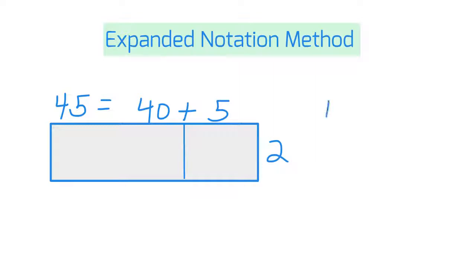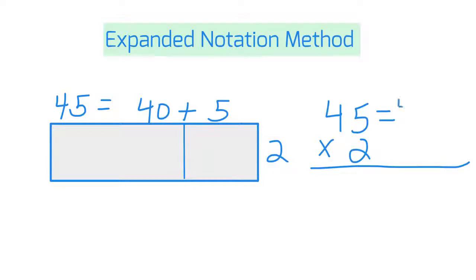So we can set up our problem as 45 times 2. And we know that 45, we pull it apart, is the same as, in expanded form, 40 plus 5. And we know that 2 separated by its place value would just be 2.